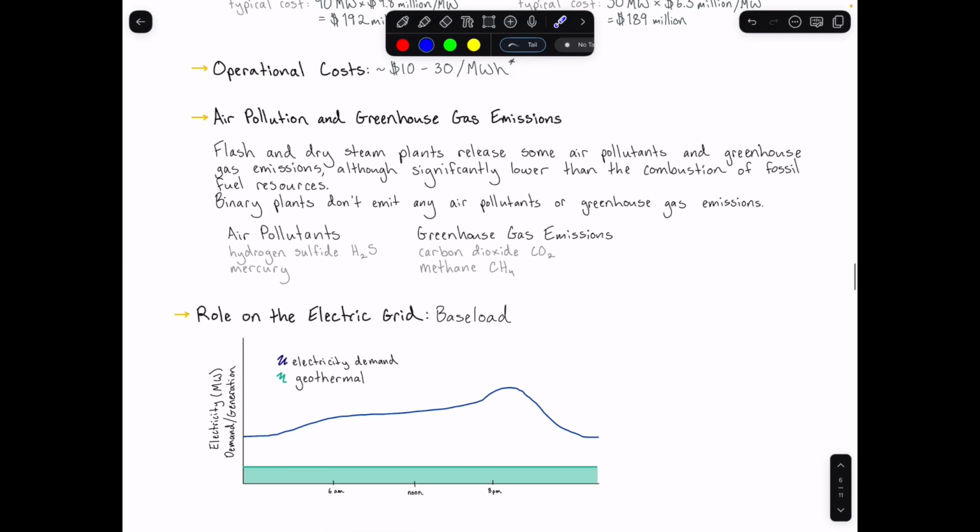Okay, now the role on the electric grid. Geothermal power plants are used as a baseload generation resource because they can produce electricity continuously, independent of any weather conditions or the time of day.